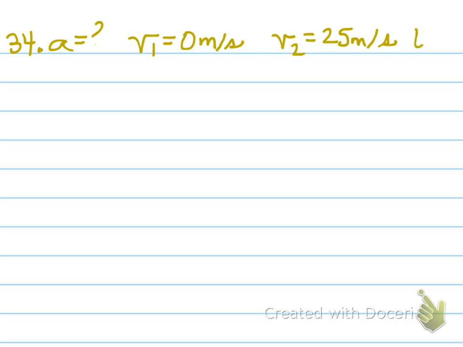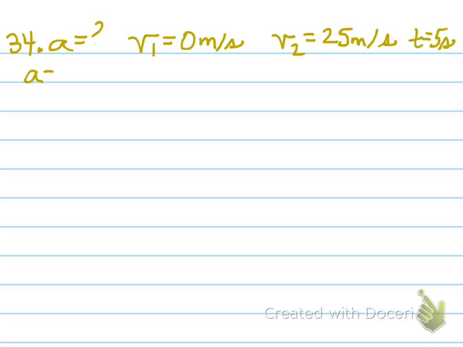Number 34. Calculate the acceleration of a ball that starts from rest. So our initial velocity is rest. It looks like we're going to be measuring this in meters per second. And it rolls down a ramp and gains a speed of, so its second velocity is 25 meters per second, and the time is 5 seconds.